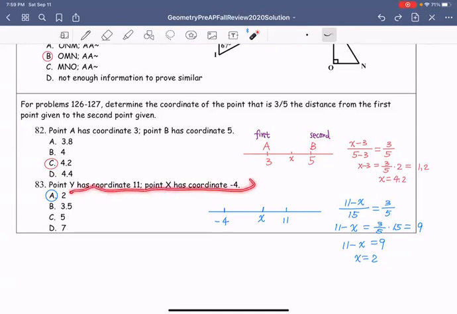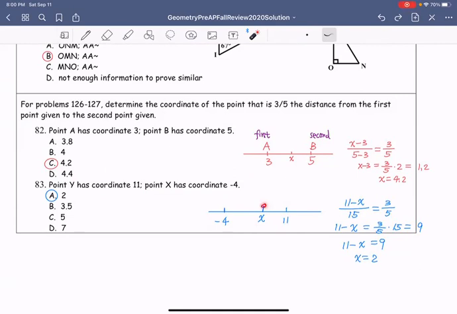Look at 83. You have coordinates here, and you have another coordinates here. Okay? And let's do the same thing. Your first point is this. This is the first point given. This is second point given.